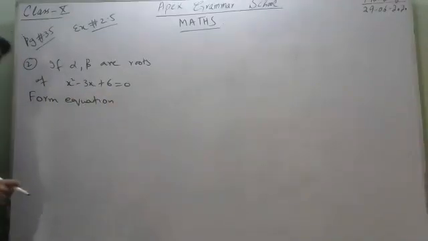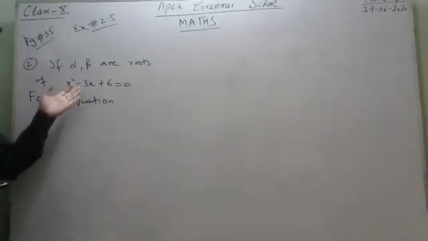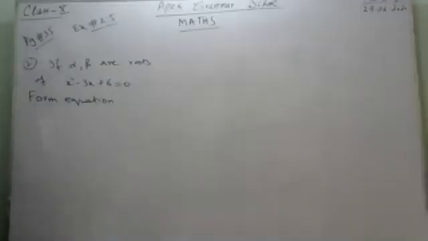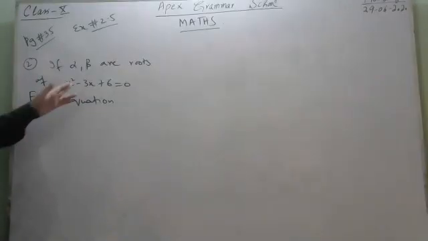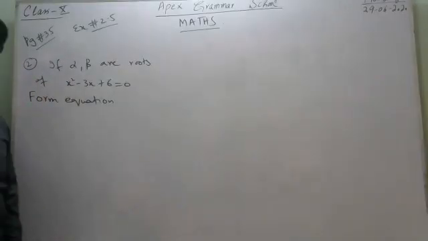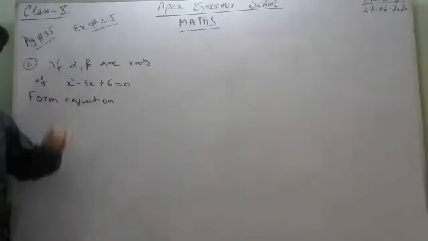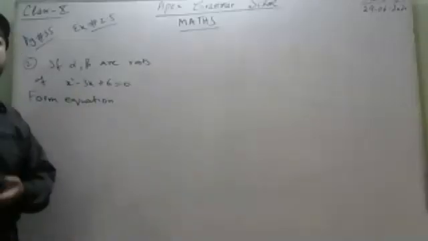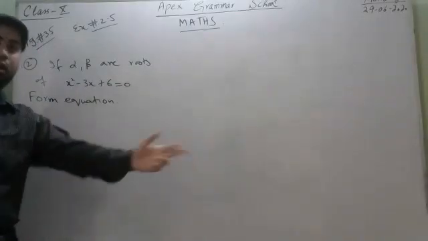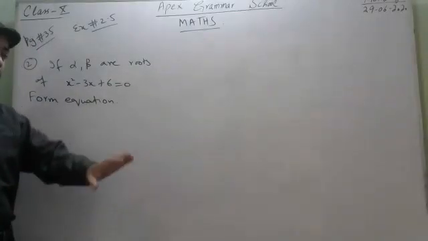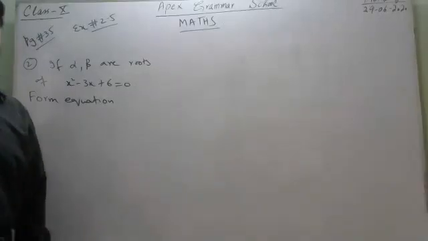Again he is asking us to make an equation, but the equation is already there. We don't want this equation. He is just spinning these roots, alpha and beta, and then he wants us to make another equation if we change these alpha and beta roots.